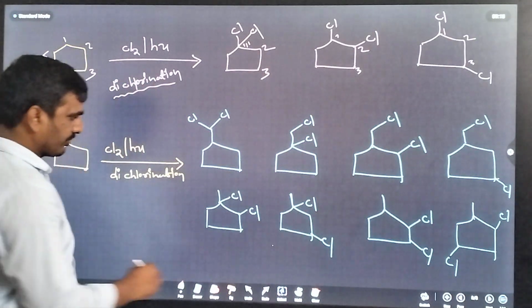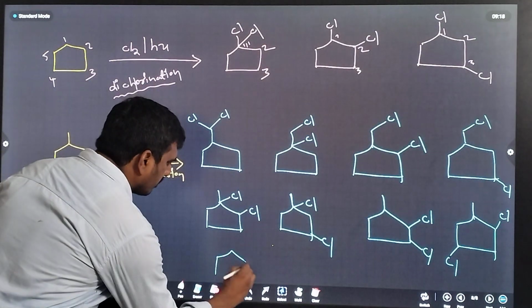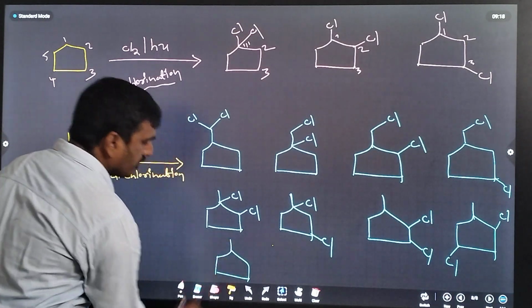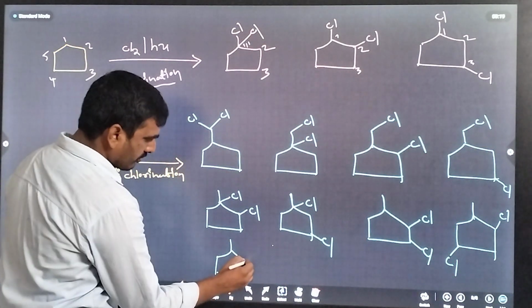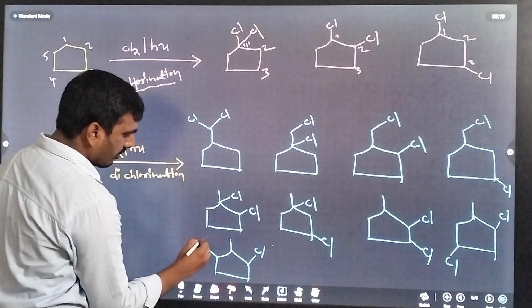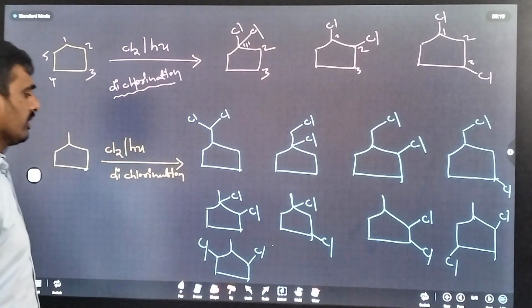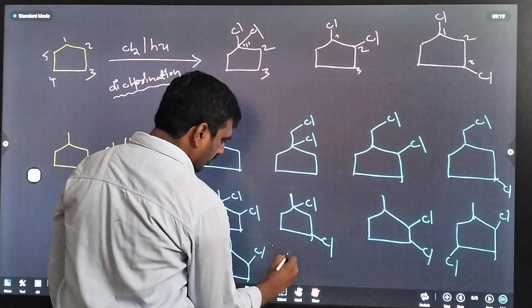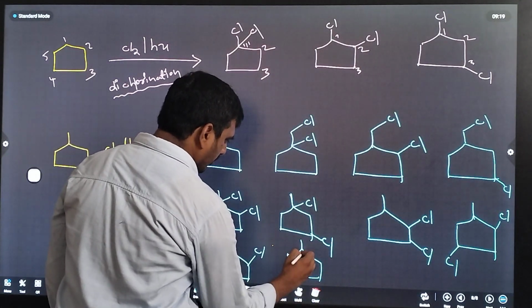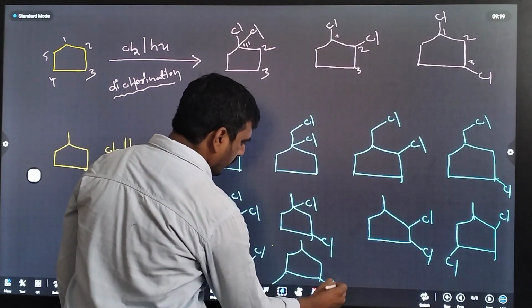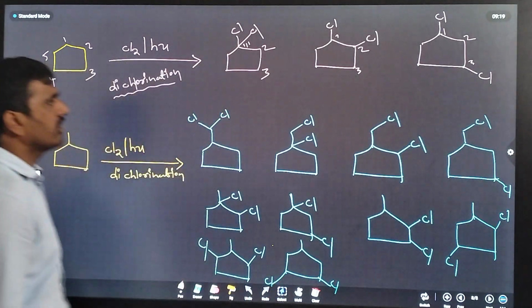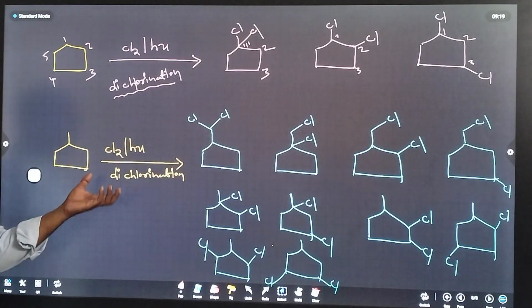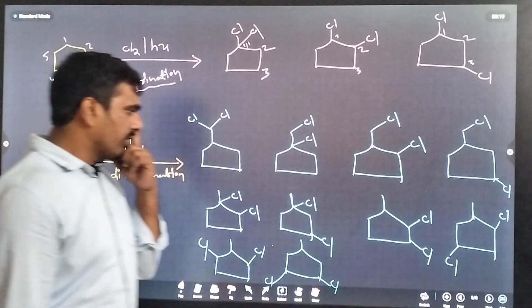Next, this is one possibility. Next, one more possibility. So these are the structural isomers of this compound.